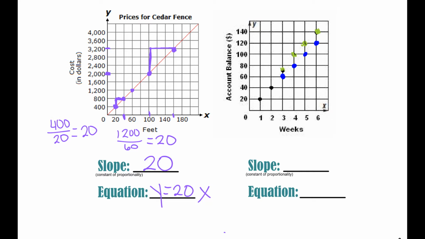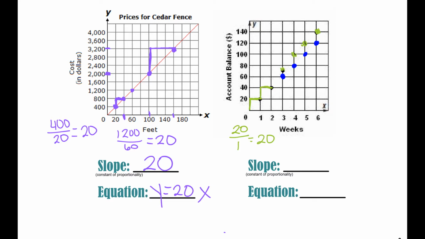So I have the points here, and if I'm going from 0 up to 20, that's my change of 20. And then if I go from here to here, I have a change of 1. If I would keep doing that, you can see that that change happens again and again.